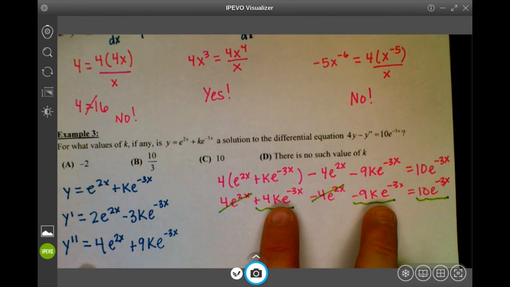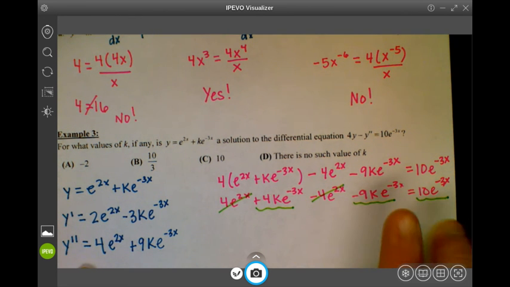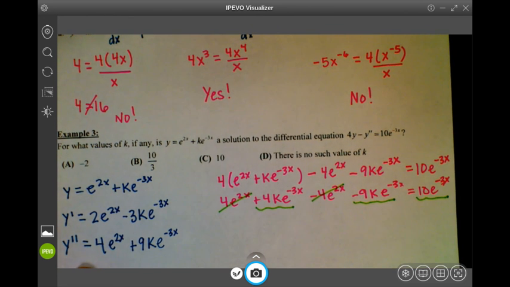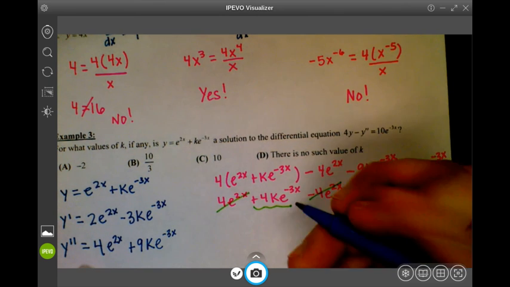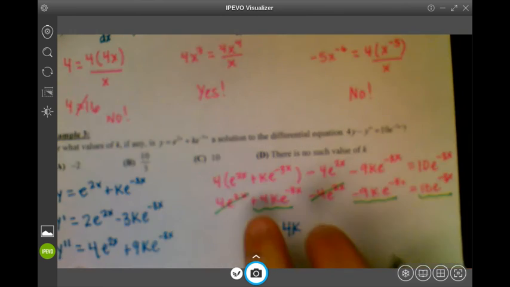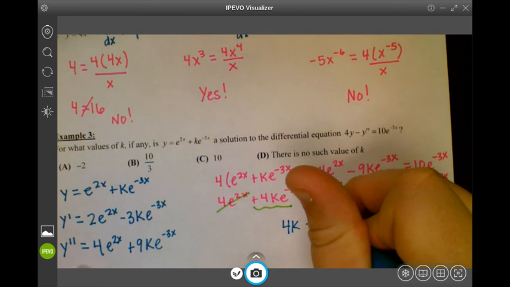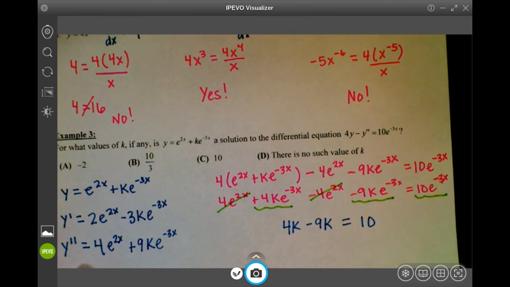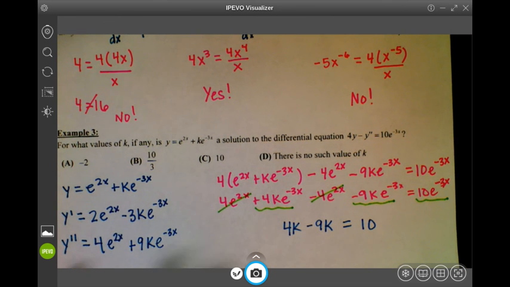And so what's going to happen is these two terms have to add together to make this term. And so you're looking at your coefficients here. So a positive 4k, minus 9k has to be equal to the coefficient on this side, 10. And that will tell us what the actual value of k is.